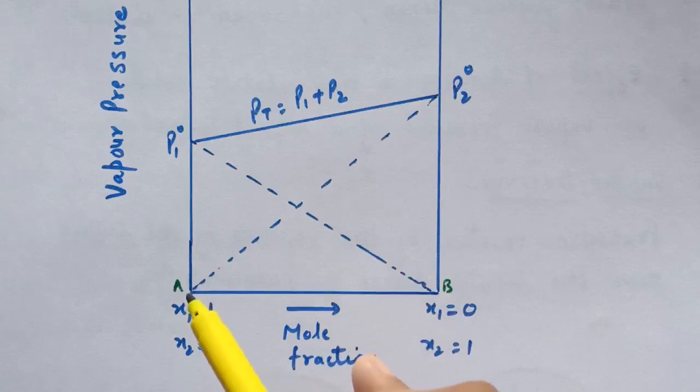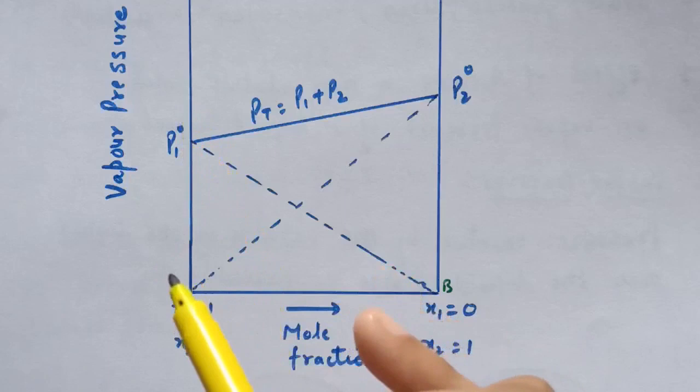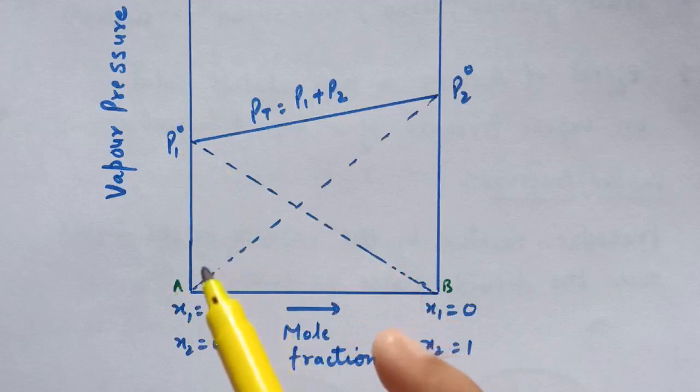So at this point x2 is 0, which means the vapor pressure is just because of component 1. Here we are assuming that component 1 is less volatile than component 2, which means the pure vapor pressure of component 2 is more than that of component 1.